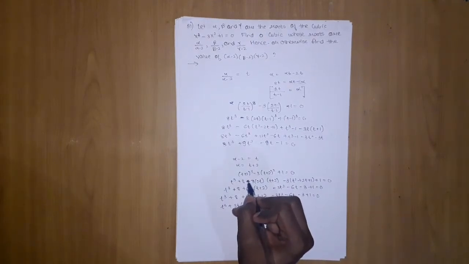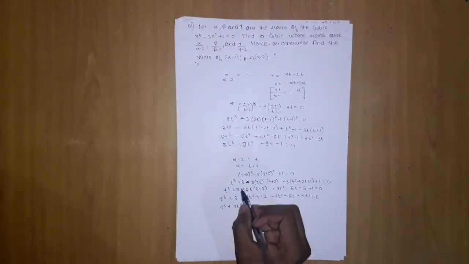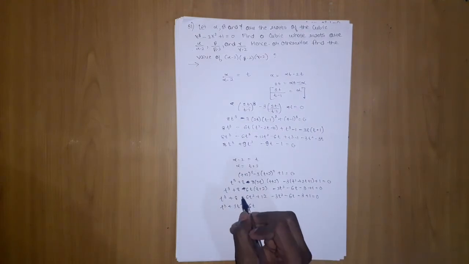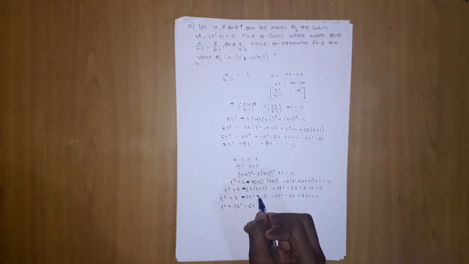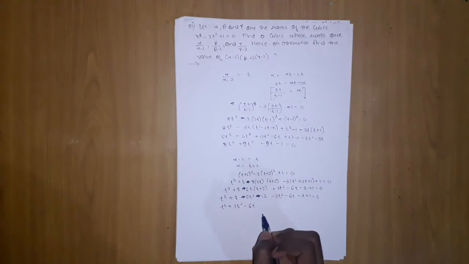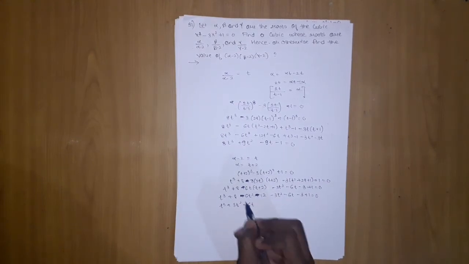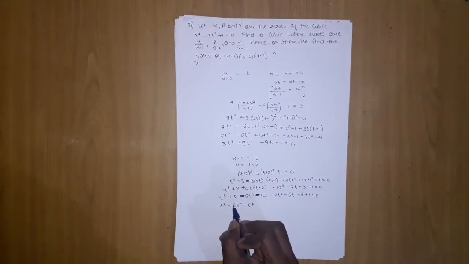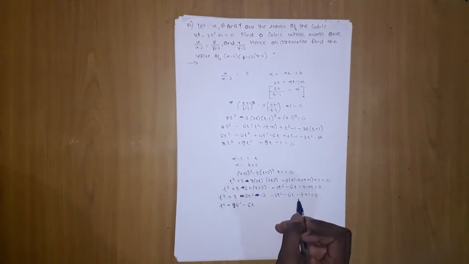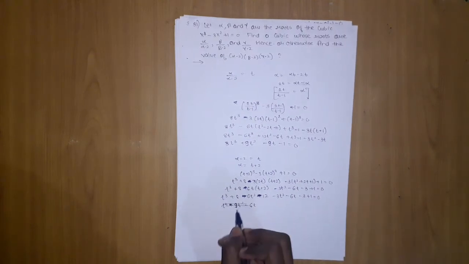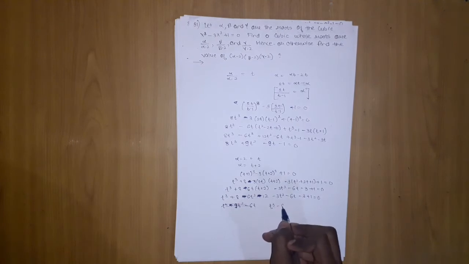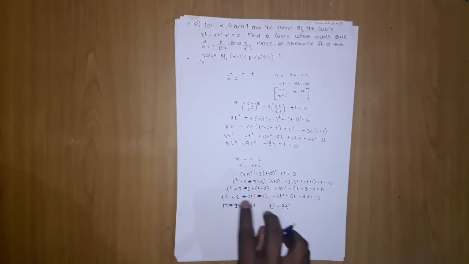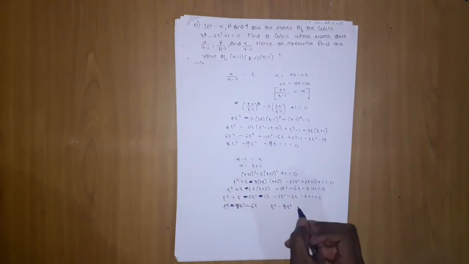Sorry, we made a mistake, so let me write it again. It will be t cube plus 3t square plus 6t, and the constant 8 plus 1, 9, but it will be minus 3.